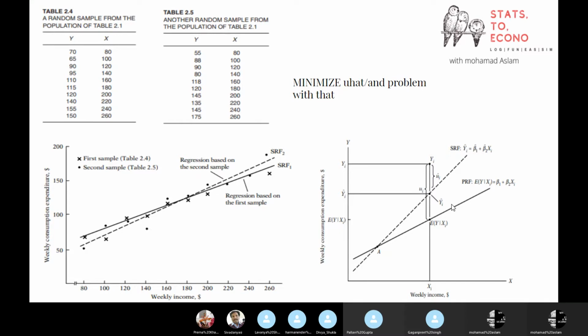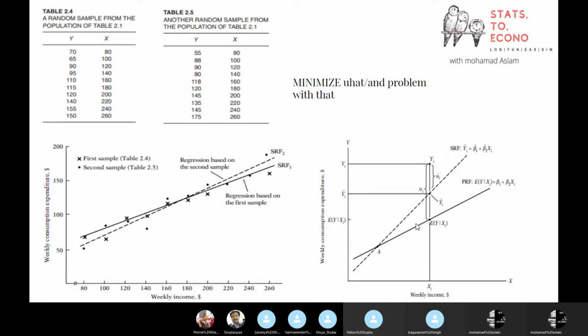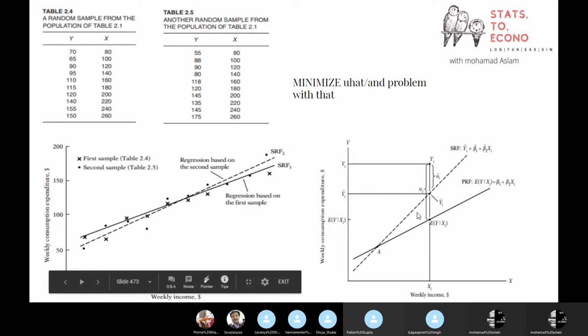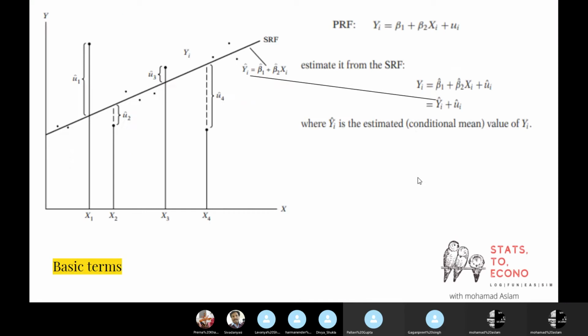But the trick here is that we don't know the population regression function. So how can we compare whether our calculated sample regression function is near the population regression function or not? The one trick we play is that we try to minimize this gap between actual values and estimated values.